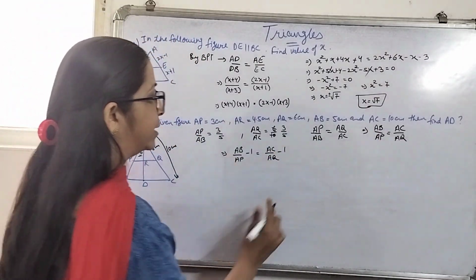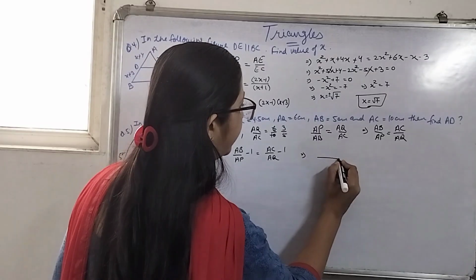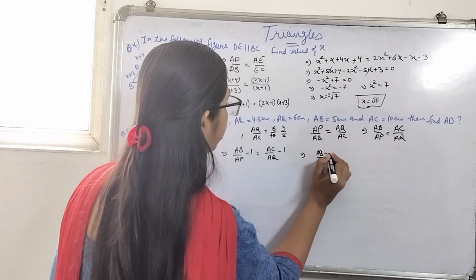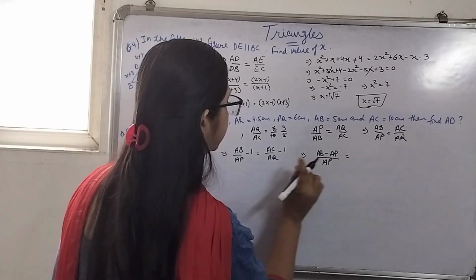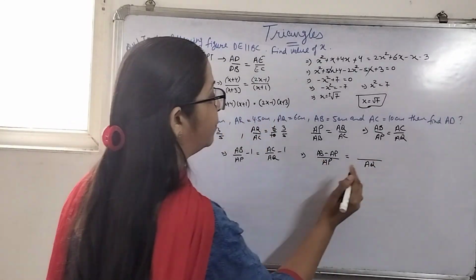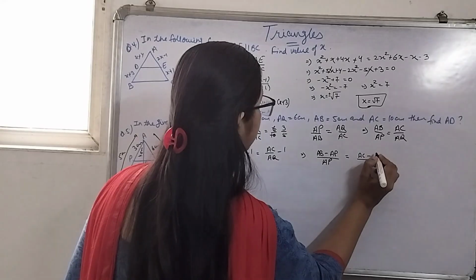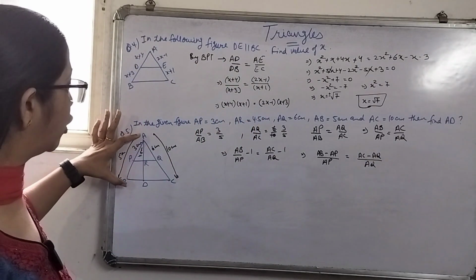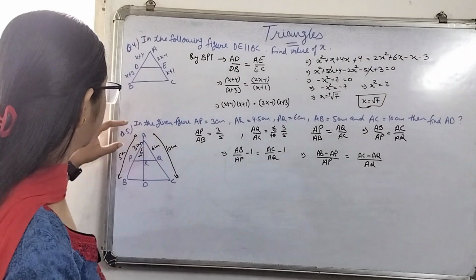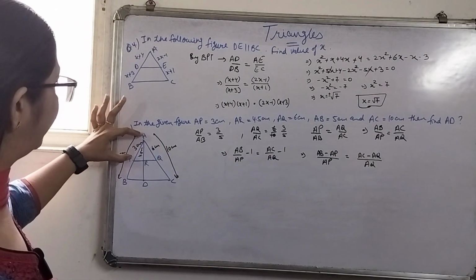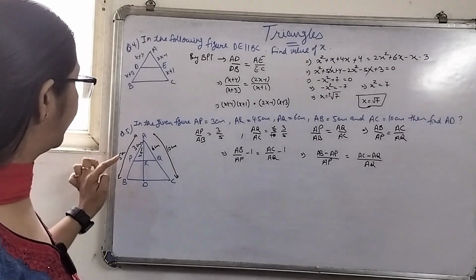Now if I take the LCM, from LHS it will be AP, and it becomes AB minus AP. On the RHS, AQ will be the LCM and it will be AC minus AQ. Now see from the figure, if from AB we subtract AP, we get the value of PB.